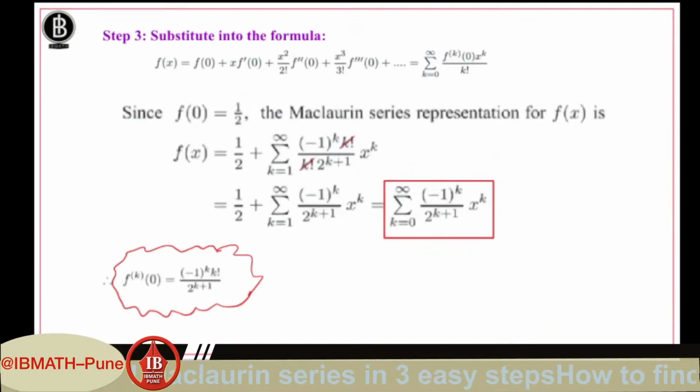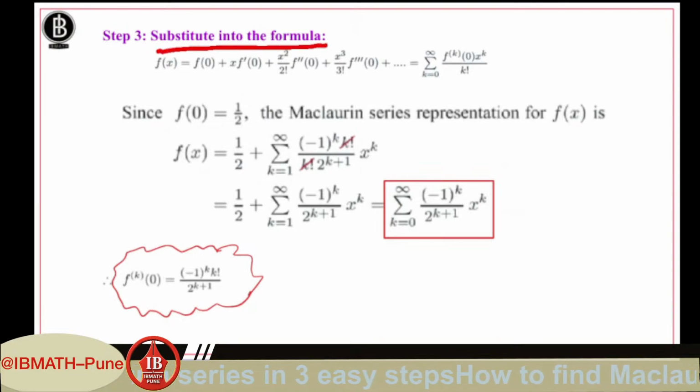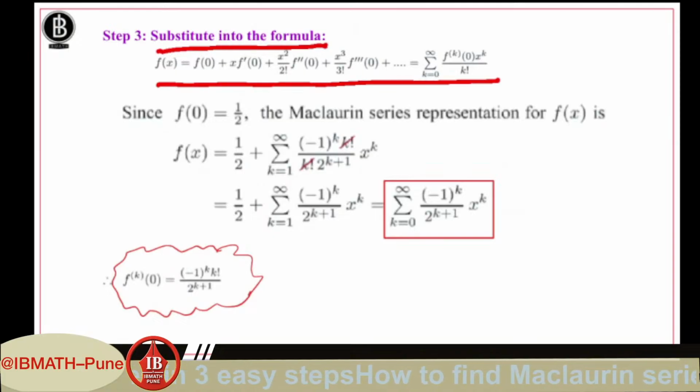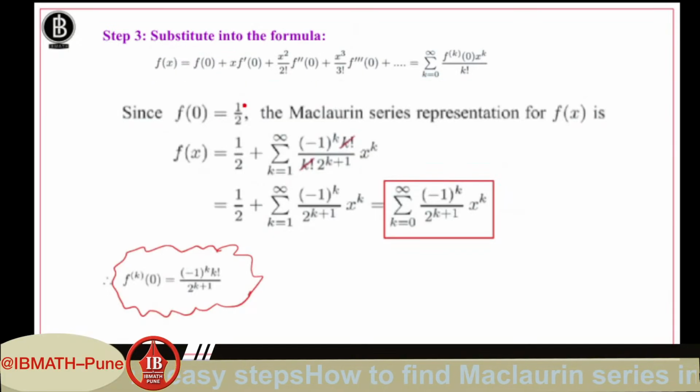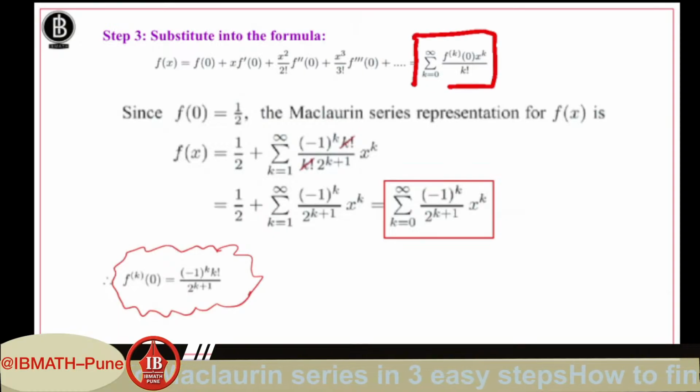Now, the third step is to substitute all these derivatives at 0 into the formula. The formula is this. So f of 0 is 1 by 2, which we will replace as the first term. Then the other derivatives we can represent by the sigma notation. I did not want to write all those steps again and again.